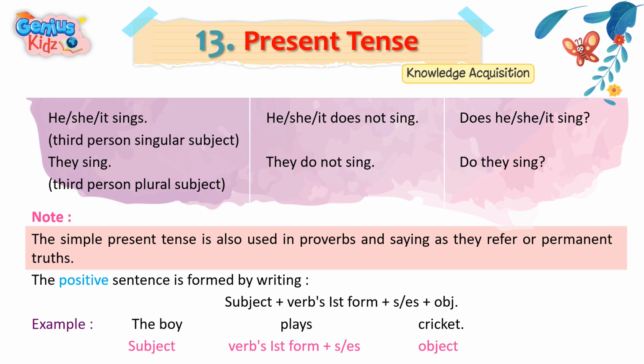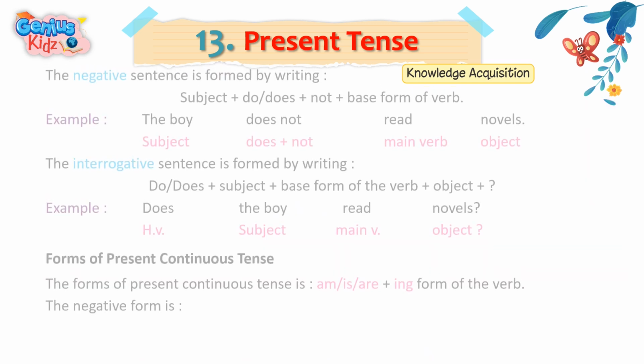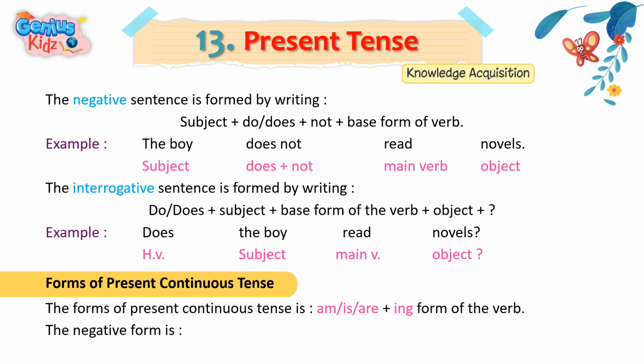The positive sentence is formed by writing subject plus verb's first form plus s, es plus object. Example: The boy plays cricket. The negative sentence is formed by writing subject plus do, does plus not plus base form of verb. Example: The boy does not read novels.